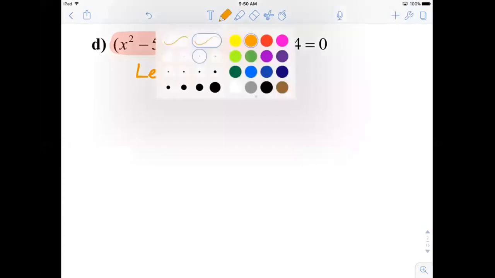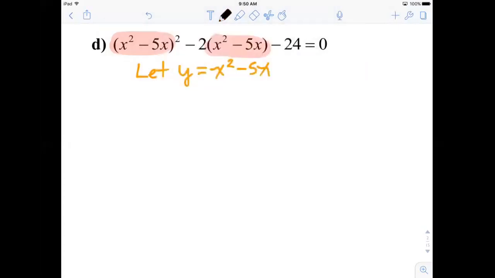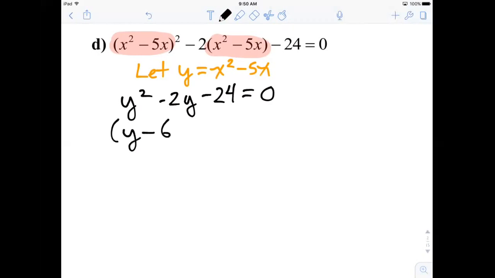This is now going to become y squared minus 2y minus 24 equaling 0. And as soon as we see this, we recognize that this is just a simple trinomial. Could factor into y minus 6 and y plus 4, and that's going to be equal to 0.